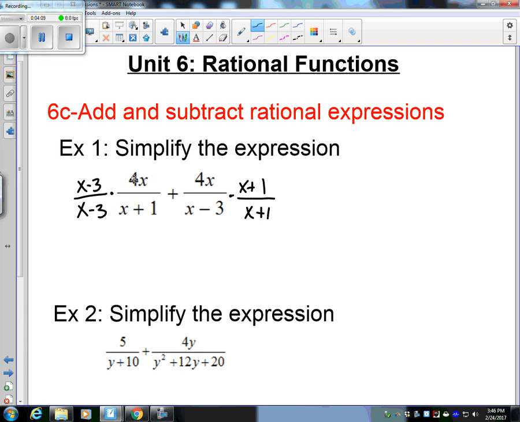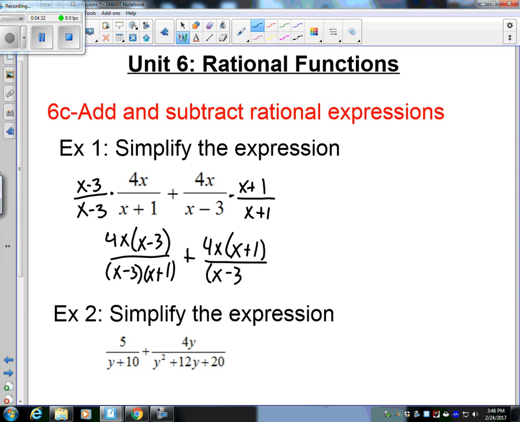So in the first fraction, you have 4x times x minus 3 over x minus 3 times x plus 1. Now we're adding it to 4x times x plus 1 over x minus 3 times x plus 1. So now we have like denominators.